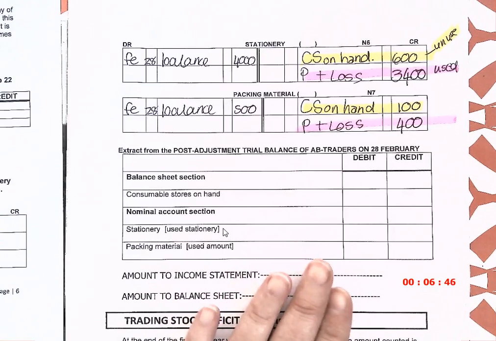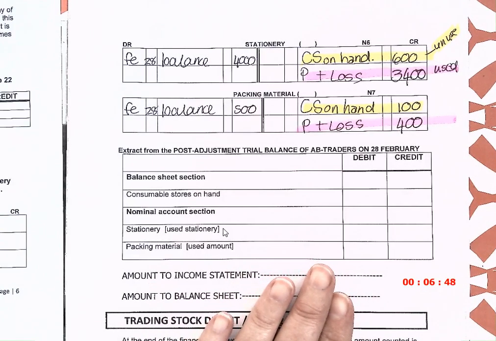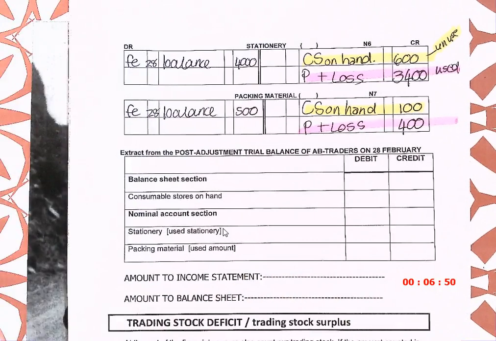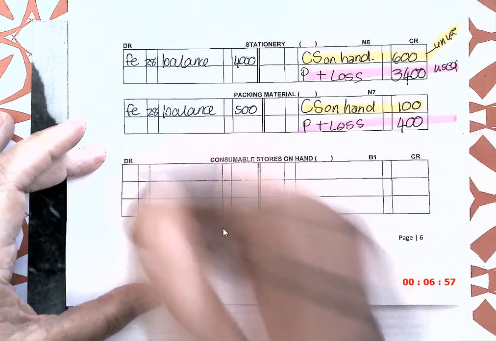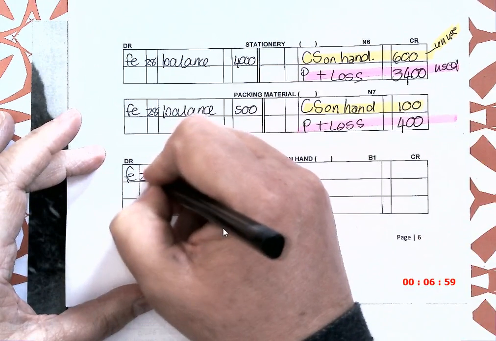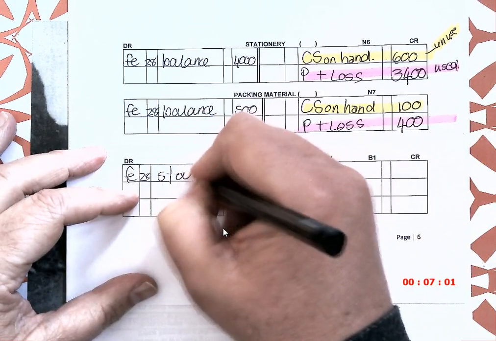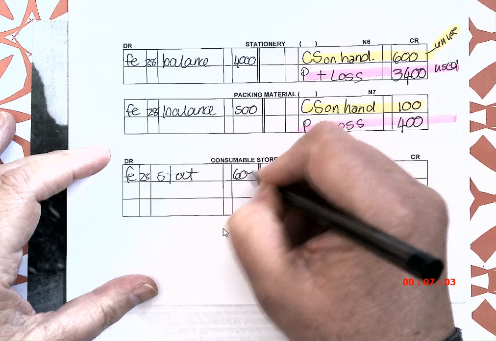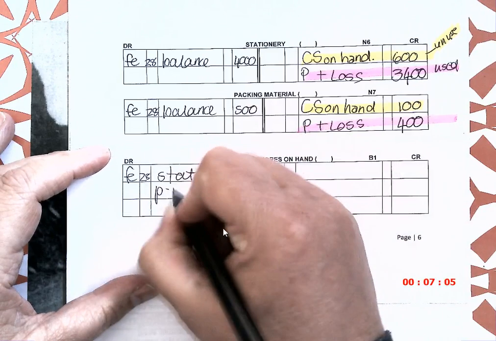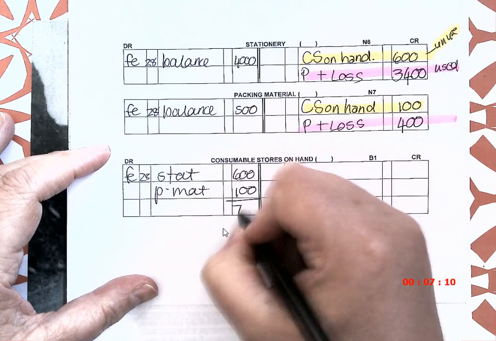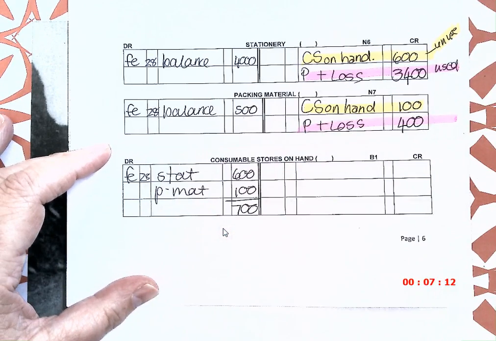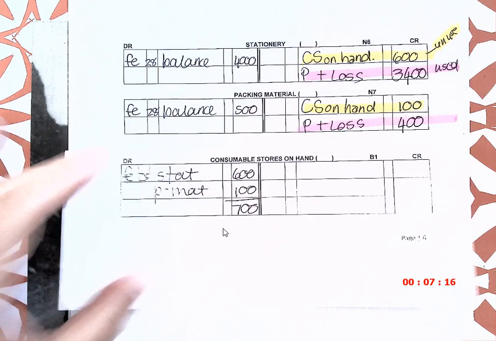So in my trial balance, let's first do consumable stores on hand. So consumable stores on hand will on the debit side now be stationery 600, packing material 100. Can you see its total now? 700. You guys with me?